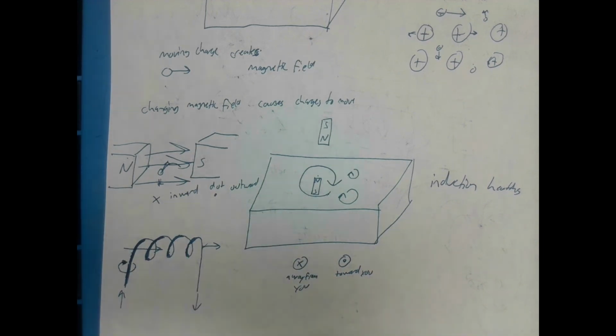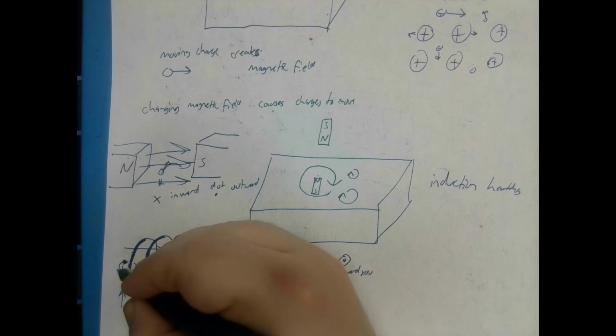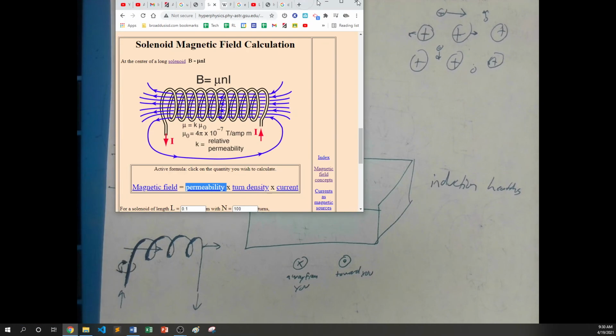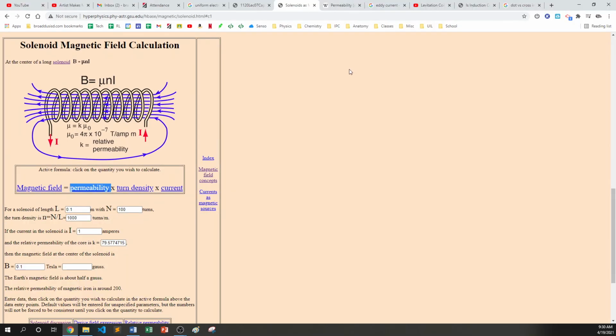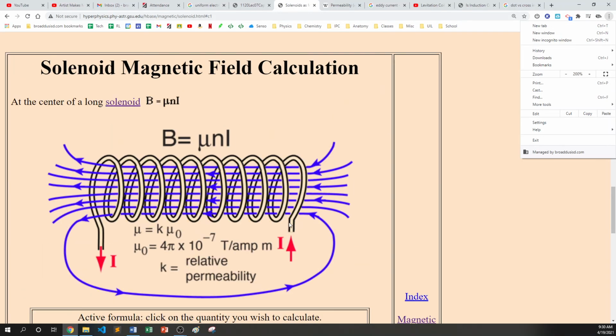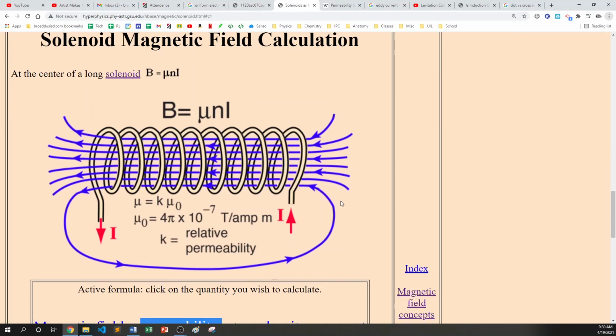My hand would go around this way. So it should be pointing that way. See, looking at it on this side, current goes in. Looks like whatever side the current goes into is where the magnetic field goes into or starts.